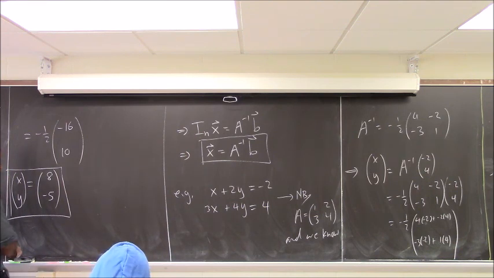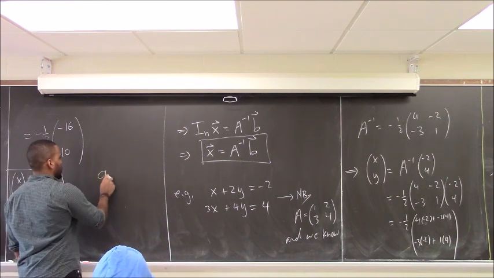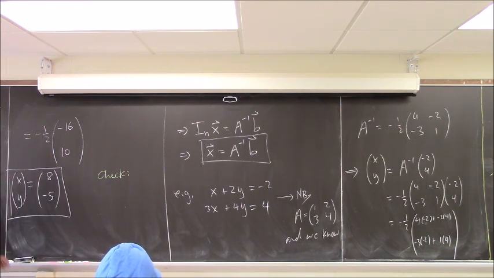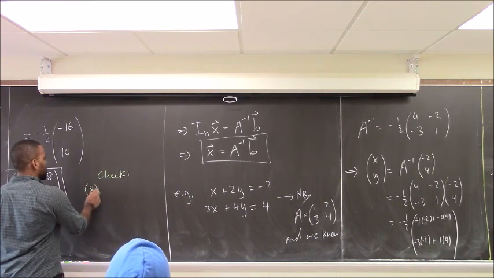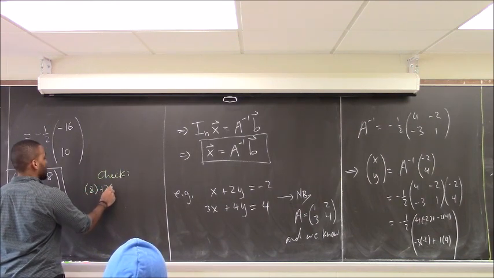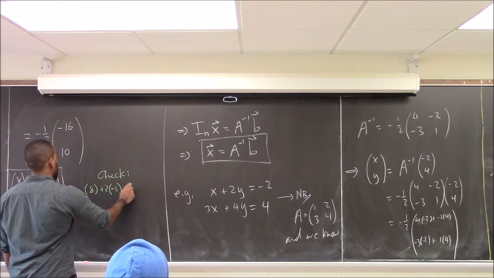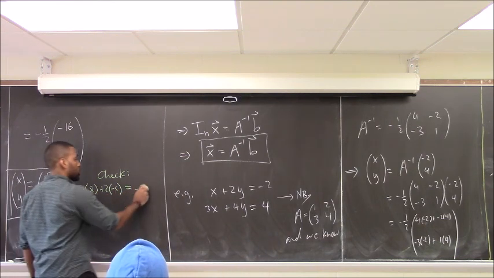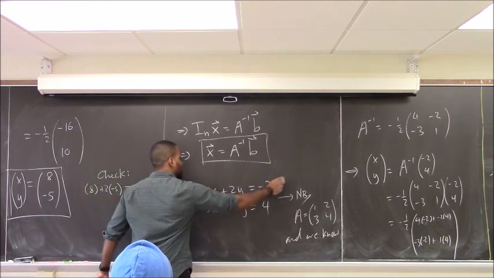Now does that actually work? Let's check. Should work if we didn't make any arithmetic errors. If I take 8 plus 2 times minus 5, what do I get? That's 8 minus 10, which is minus 2. So that one checks out.